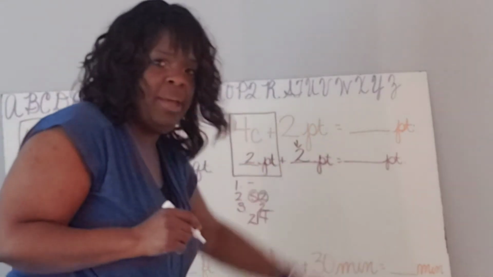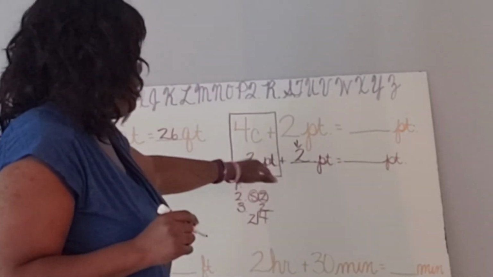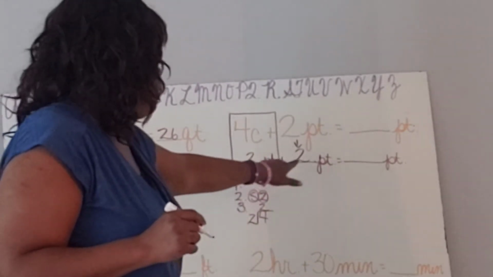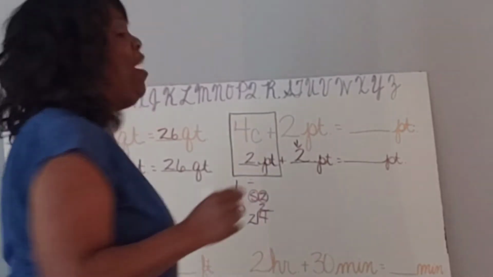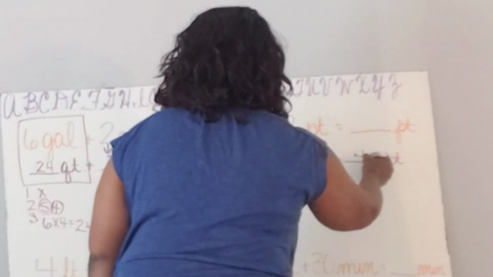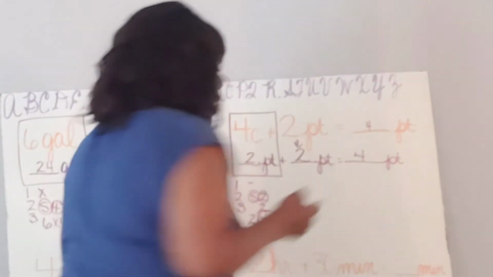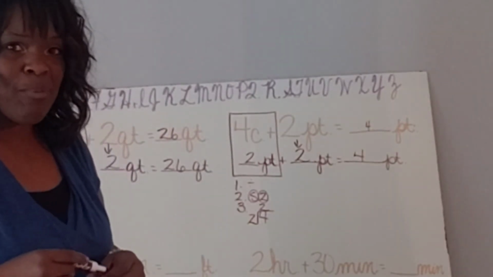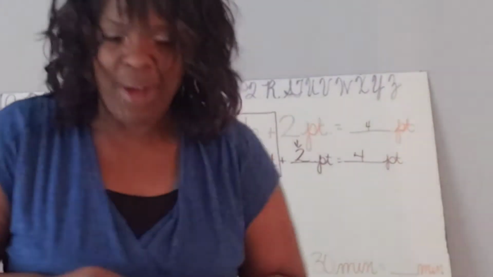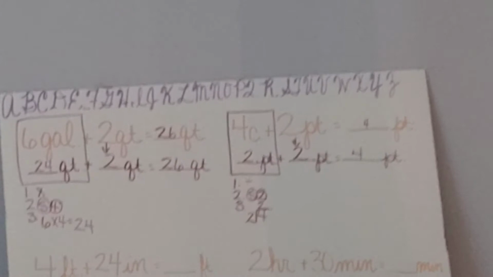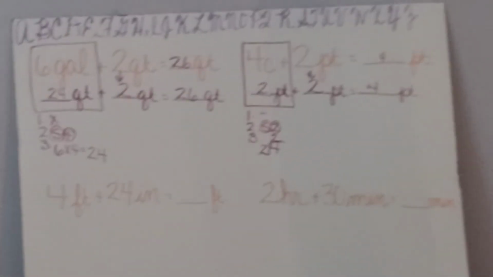Now I just have to find my answer. 4 cups is equal to 2 pints. 2 pints plus 2 pints equals 4 pints. And I put my 4 here and here and I'm done. That was super simple, right? Yes, because you know how to do these. These are simple things. Just work them through carefully.